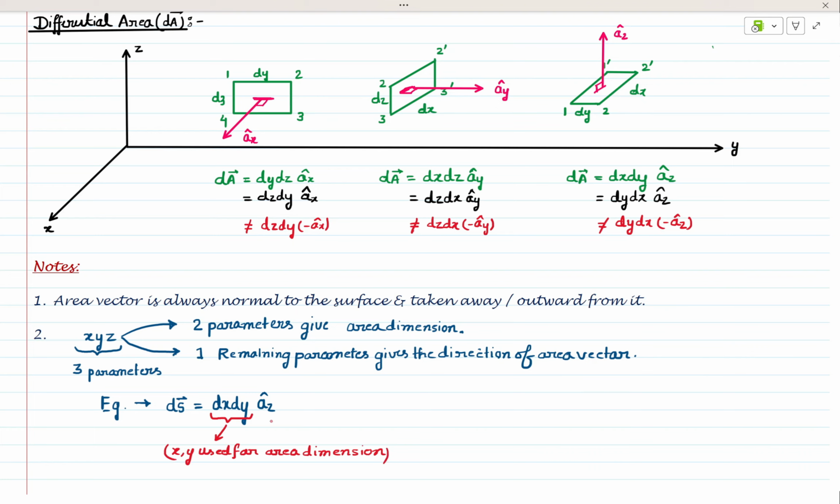And the left one parameter, that is z, used here to give the area direction.